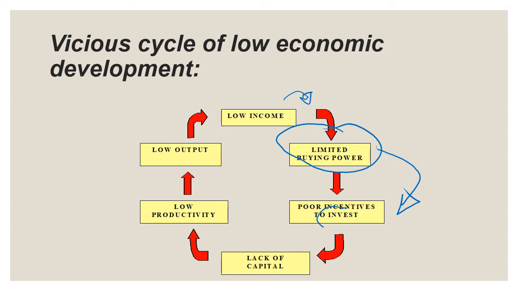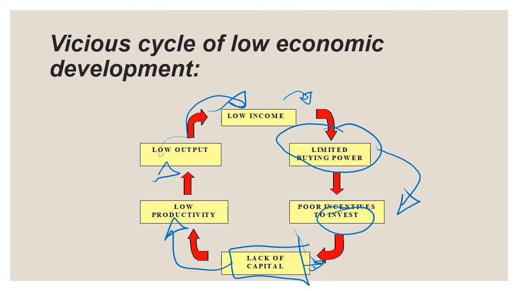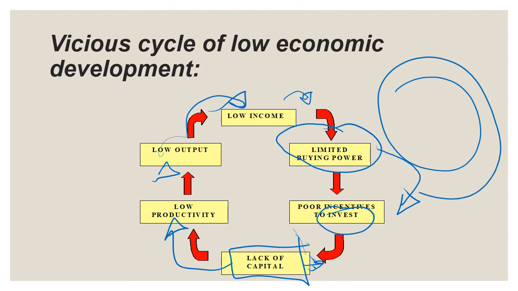Therefore, when you're not doing any investment, it means you lack capital, you lack machines. When we are not capital intensive, this would lead to low productivity. And low productivity means you are producing less, which means low output. And low output means you will be receiving low income and so on. This is why we call it a cycle, because it keeps on moving.